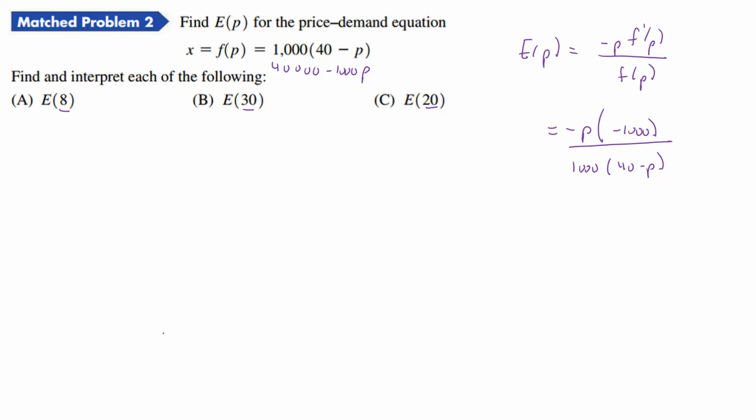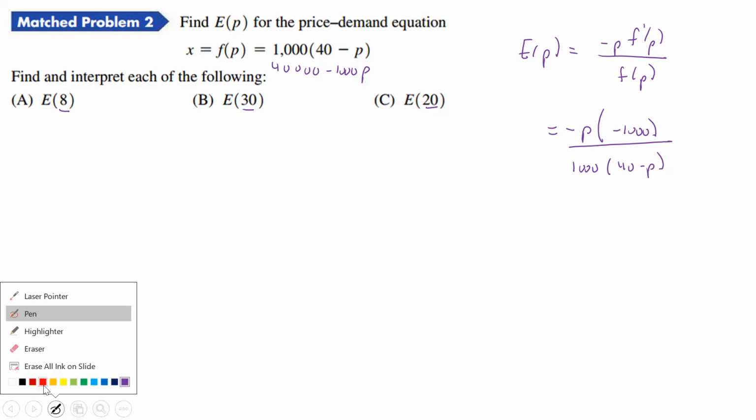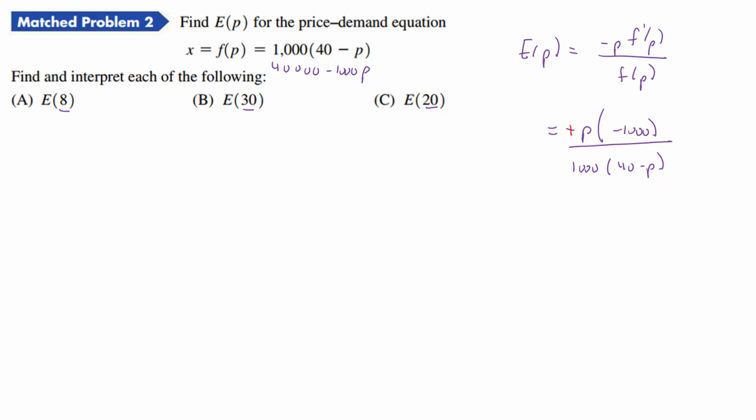The plus happens here because we have a minus times a minus. So now what do we get? E of P is equal to P over 40 minus P.